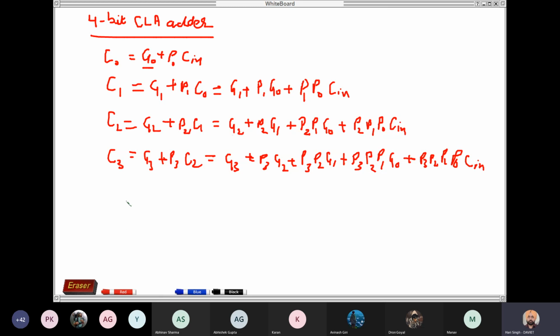Now you can see in all the cases, C0 is depending on the current value of G0 and P0. So any G is basically an AND operation between A and B, that is the generate factor, and P is an OR operation between A and B, that is the propagate factor.